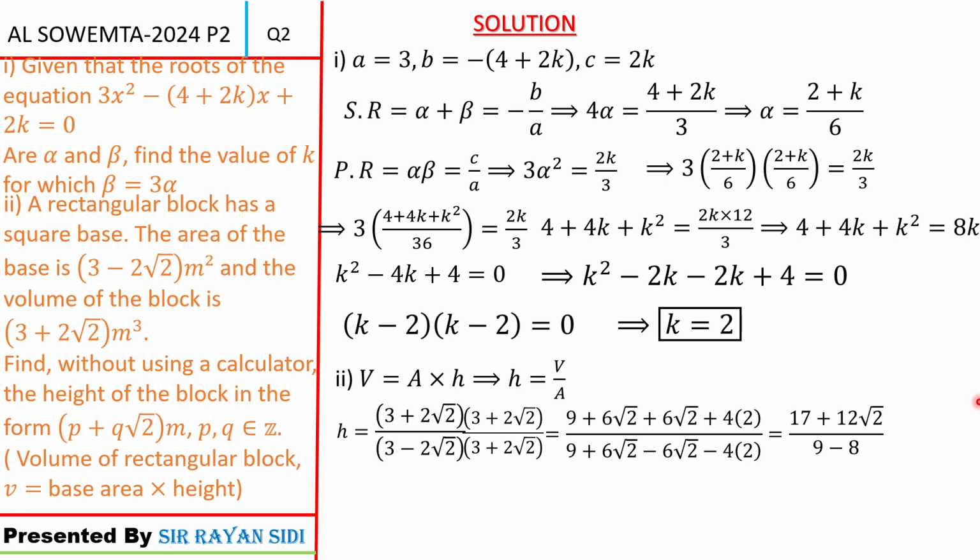Now remember that rationalizing the denominator will simply make the square root disappear, so that you get 17 plus 12 root 2 on 9 minus 8, and we imply that our h is 17 plus 12 root 2, which is in the form p plus q root 2. So you see that p is equal to 17 and q is equal to 12.